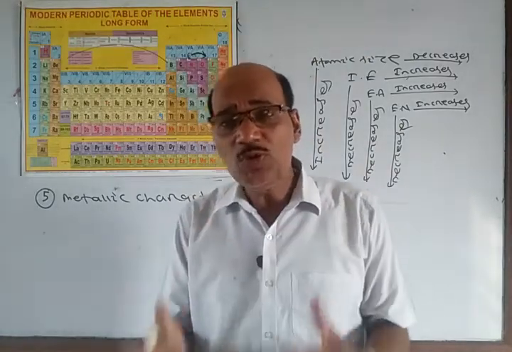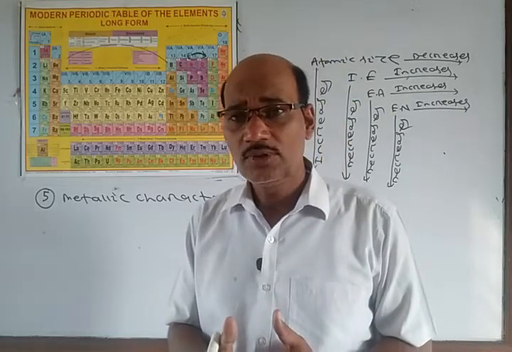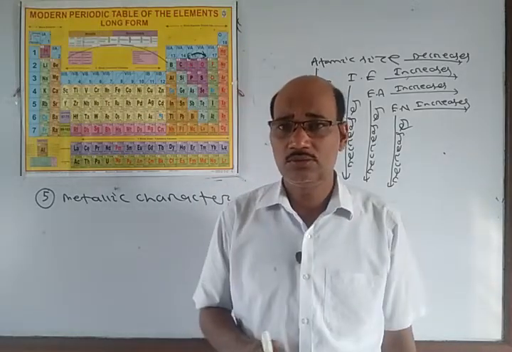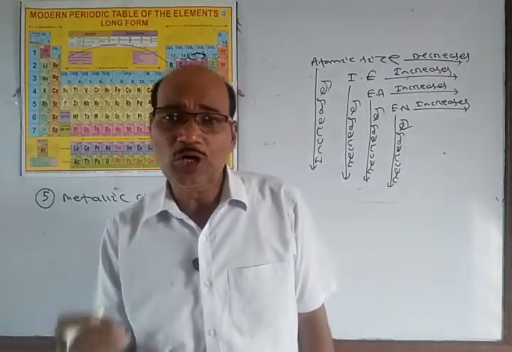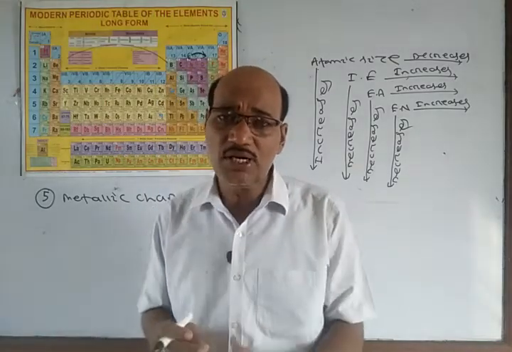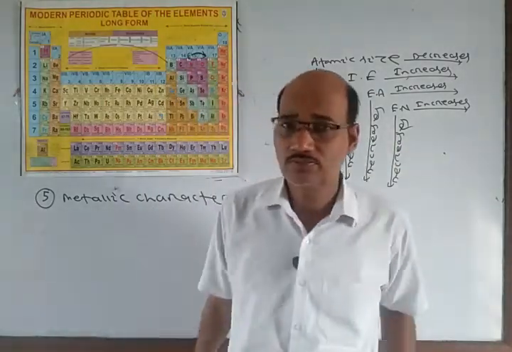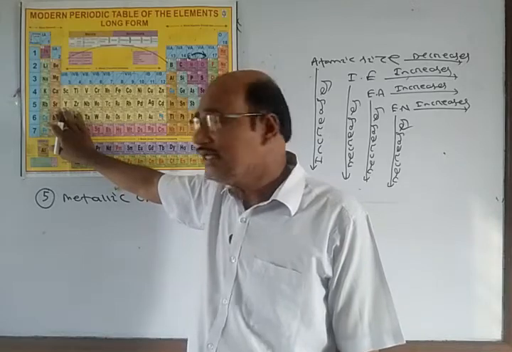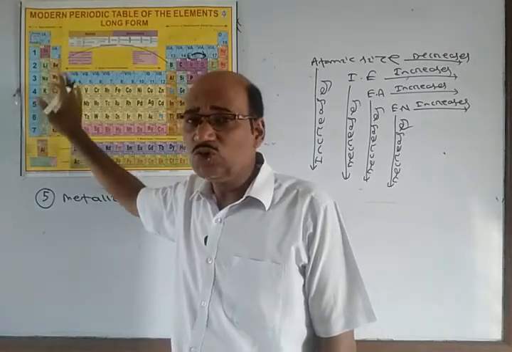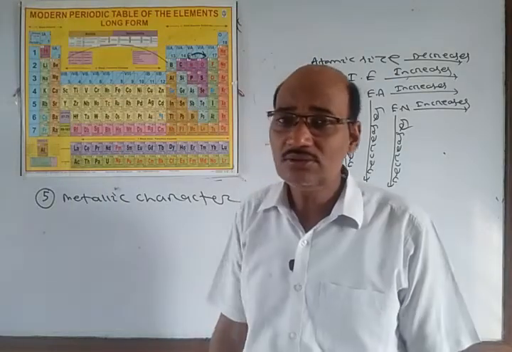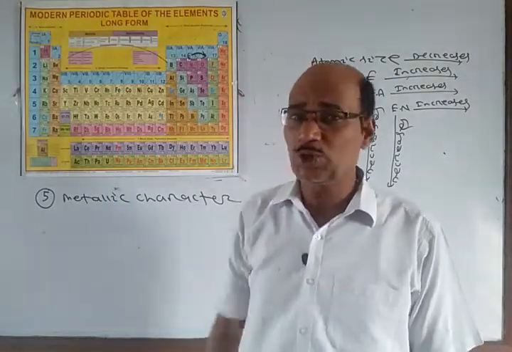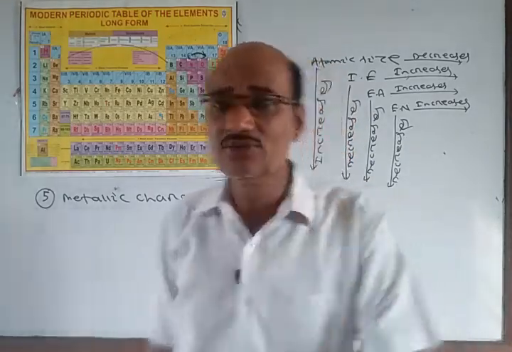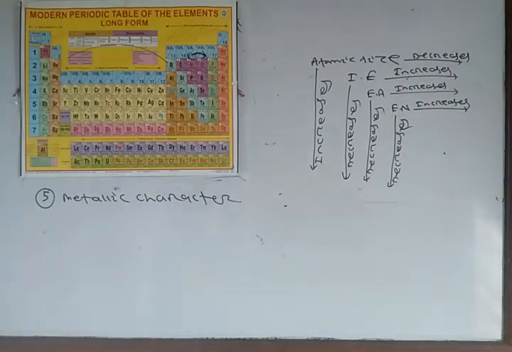The more the ionization energy, the less the ease of donation of electrons. The less the ionization energy, the more the ease of donation of electrons. If you move in a group from top to bottom, the ionization energy goes on decreasing. Hence, the tendency to lose an electron becomes more. Hence, the metallic character increases along a group from top to bottom.